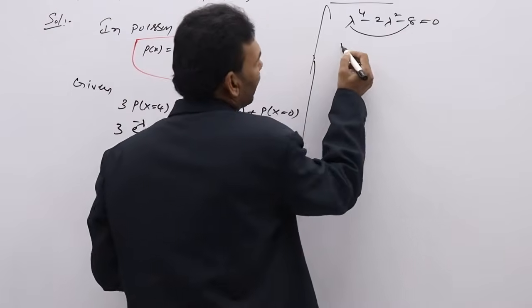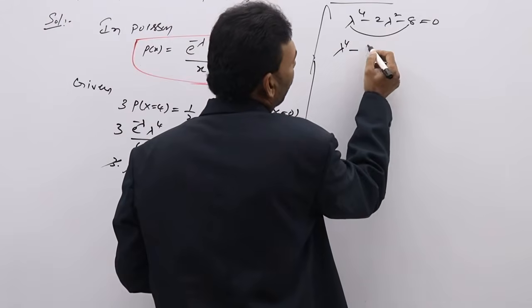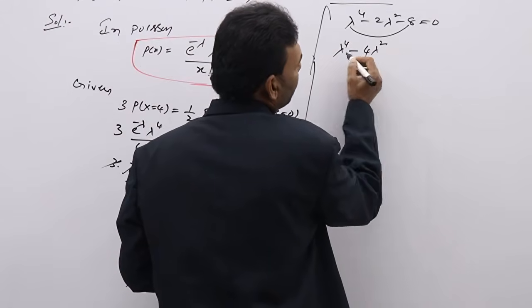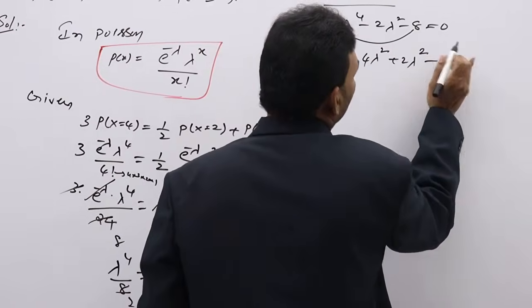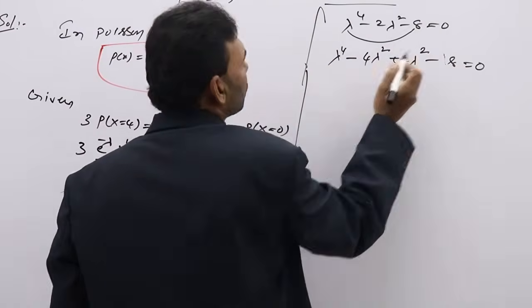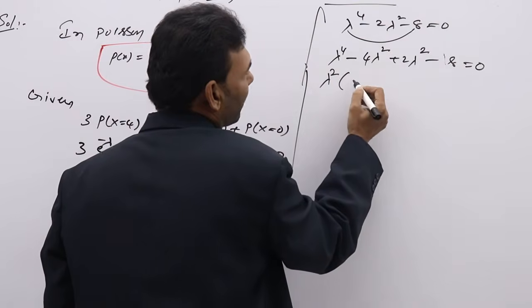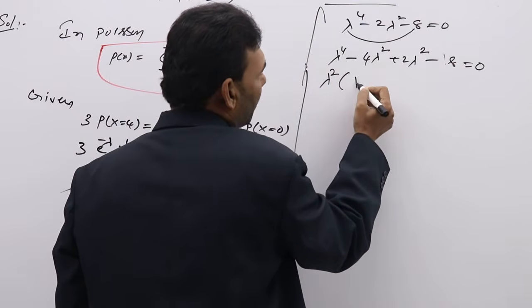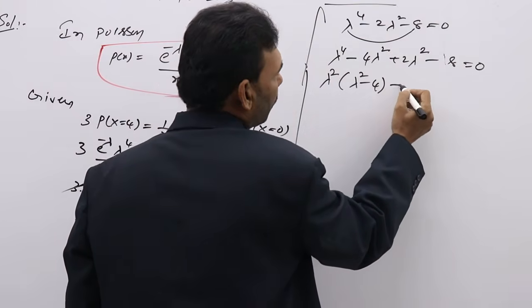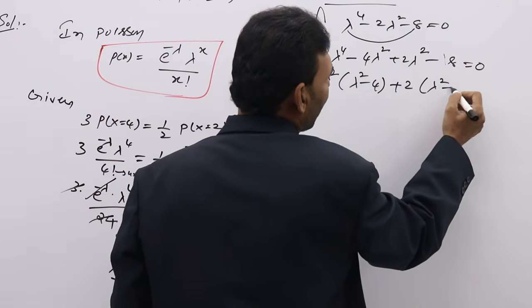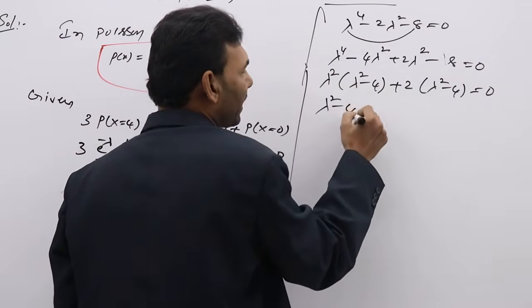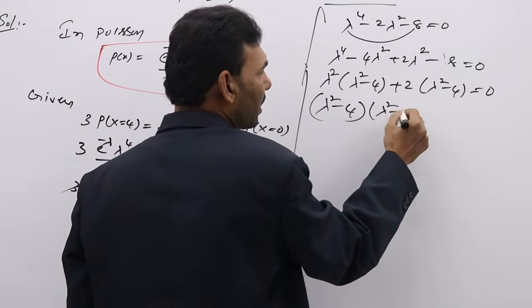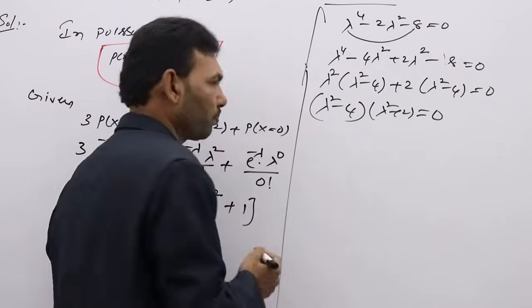So I am writing lambda power 4, 4 lambda square plus 2 lambda square minus 8. Take lambda square common, lambda square minus 4. Take 2 common, lambda square minus 4. Again take lambda square minus 4 common, lambda square plus 2.